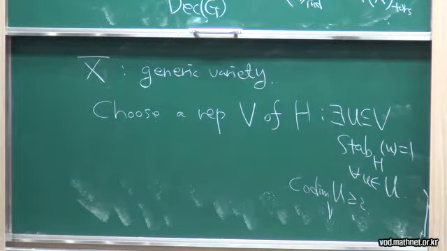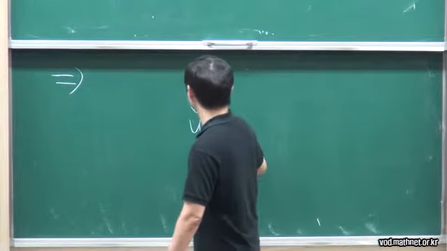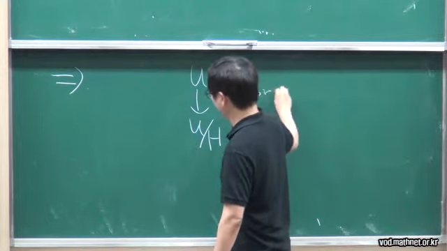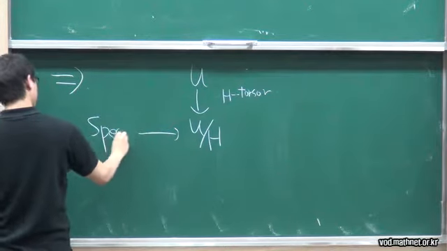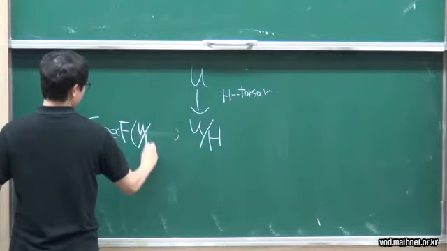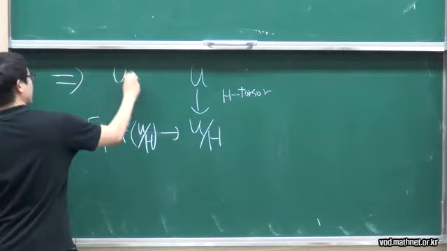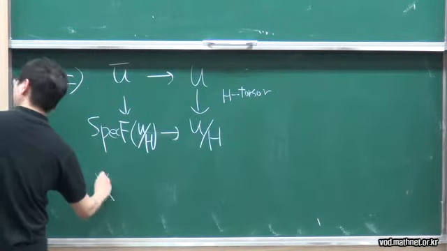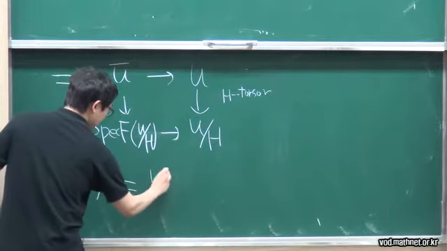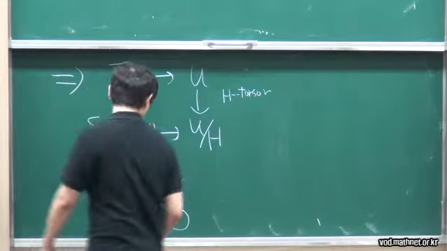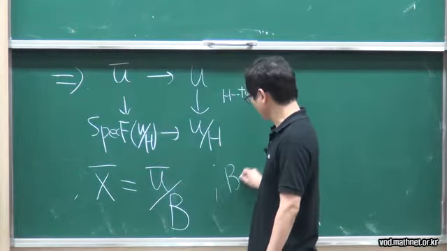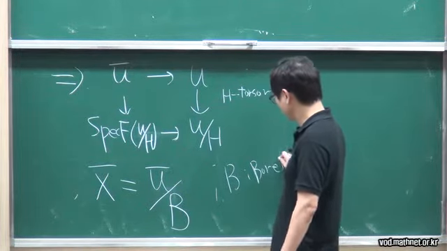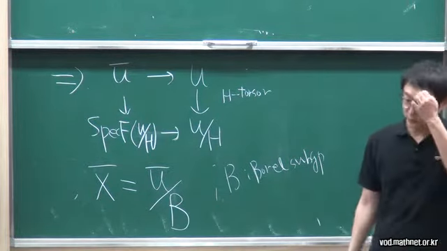And then we have an H-torsor, U to U mod H. Then you take the generic fiber over the function field of U mod H, and let me call this fiber U bar, and then our generic variety is just this flag variety, U bar mod B. And here B is a Borel subgroup, after you fix a split torus.